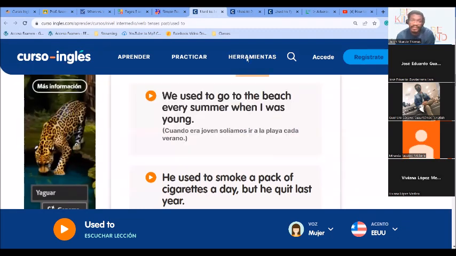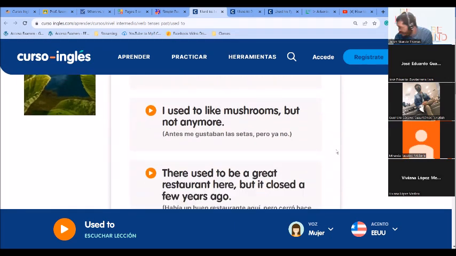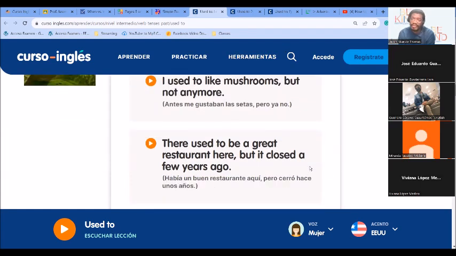We used to go to the beach every summer when I was young. Cuando era joven. No, it's good. He used to smoke a pack of cigarettes a day, but they quit last year. And I used to like mushrooms, but not anymore. They used to be a great restaurant here, but it closed a few years ago.